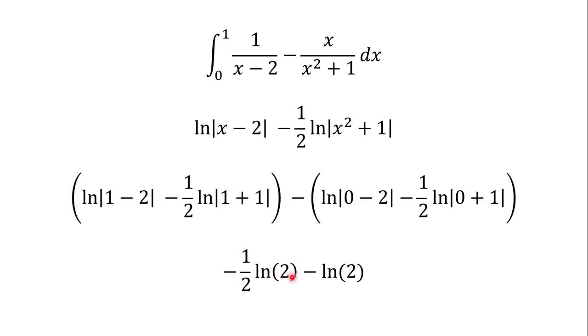So when you compute this, you are going to get minus 3 over 2 natural log of 2. So the value of that definite integral is minus 3 over 2 natural log of 2. All right, so let's conclude.